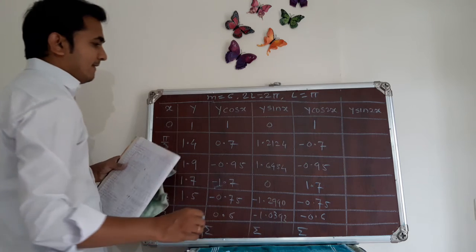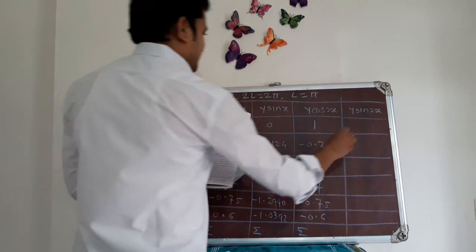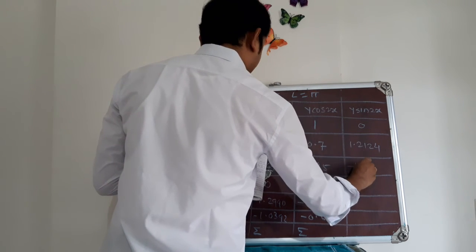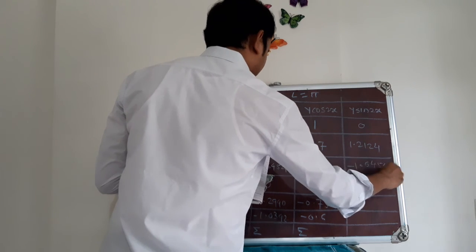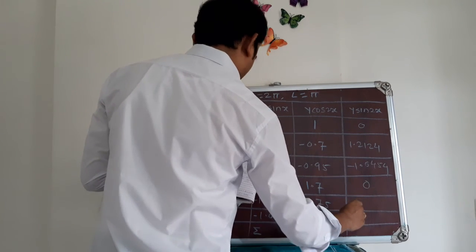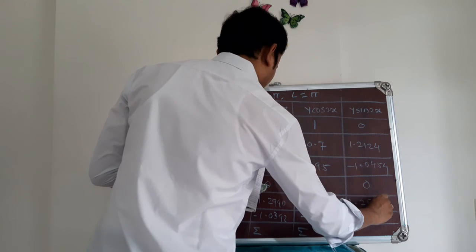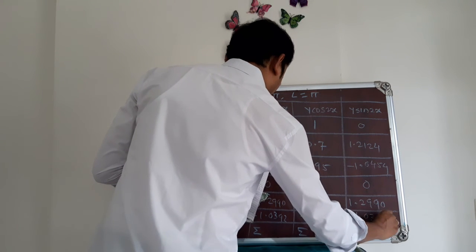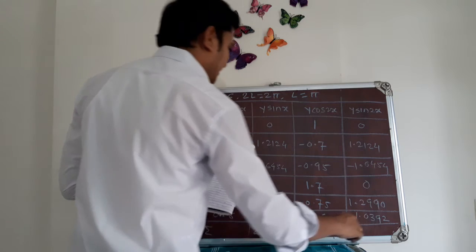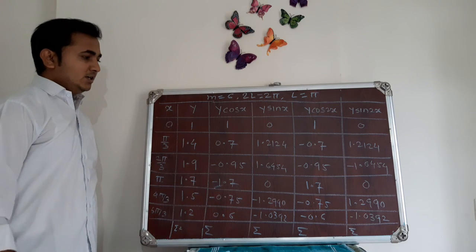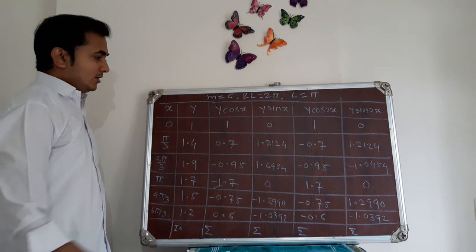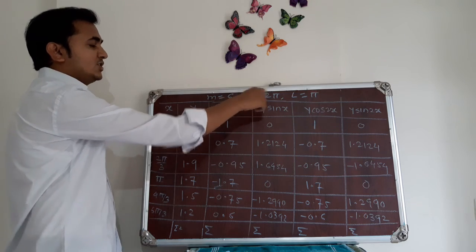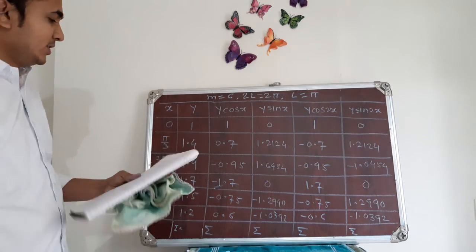And y sin 2x at the end is 0, 1.2124, minus 1.6454, 0, 1.2990, minus 1.0392. To calculate b2 you need its summation. So you have got all these summations, and m is 6, 2L is 2π. So let us calculate those Fourier coefficients.